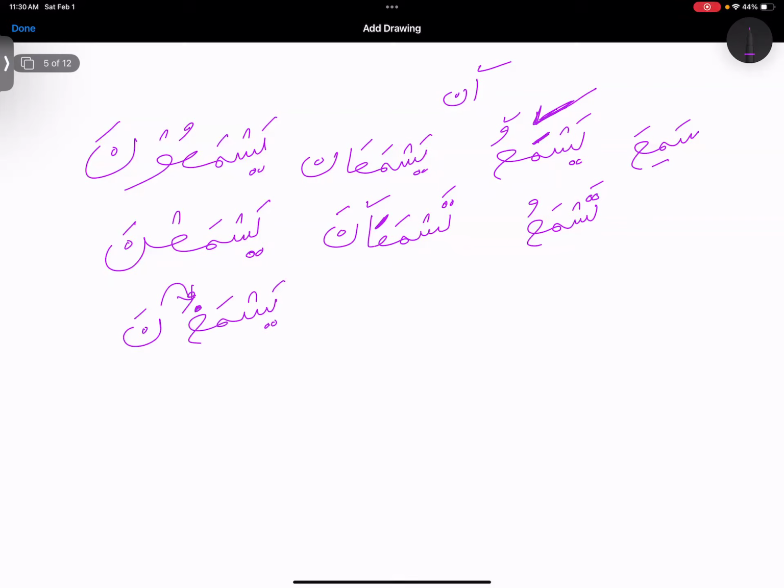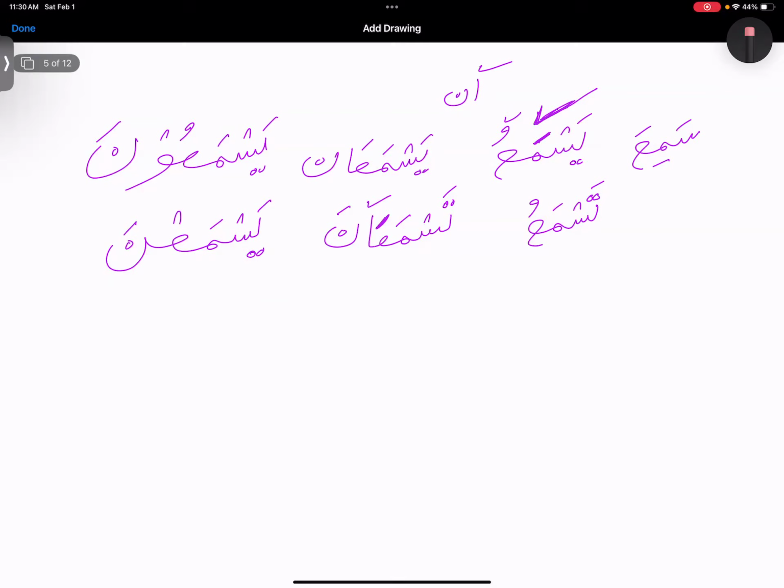Simple and easy rule, no other change. You just put sukoon on the lam kalima, and that's all. This is how you get yasma'na.